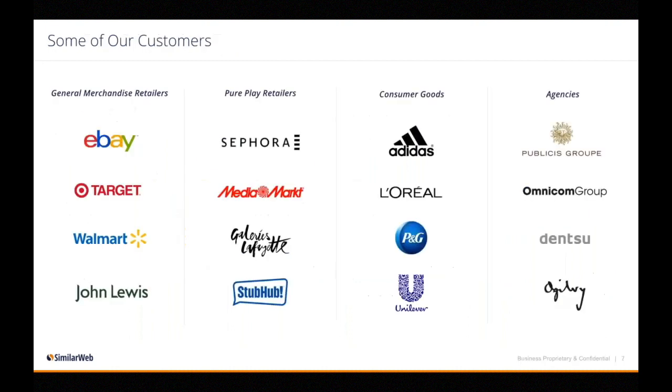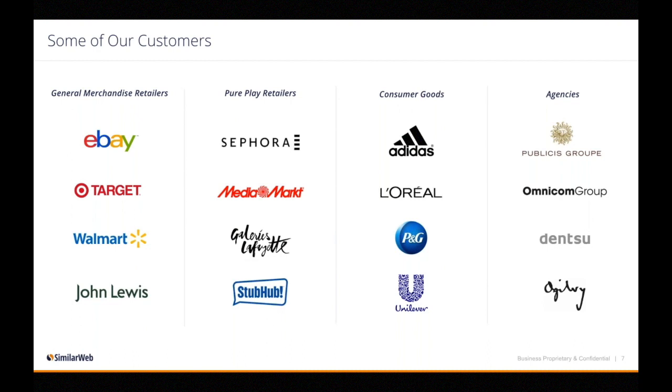Quickly, to show a few of our retail customers in the e-commerce space, both on the manufacturing side and also on the actual retail side. We work with hundreds of different businesses, but we chose a few of our customers to show on the slide.